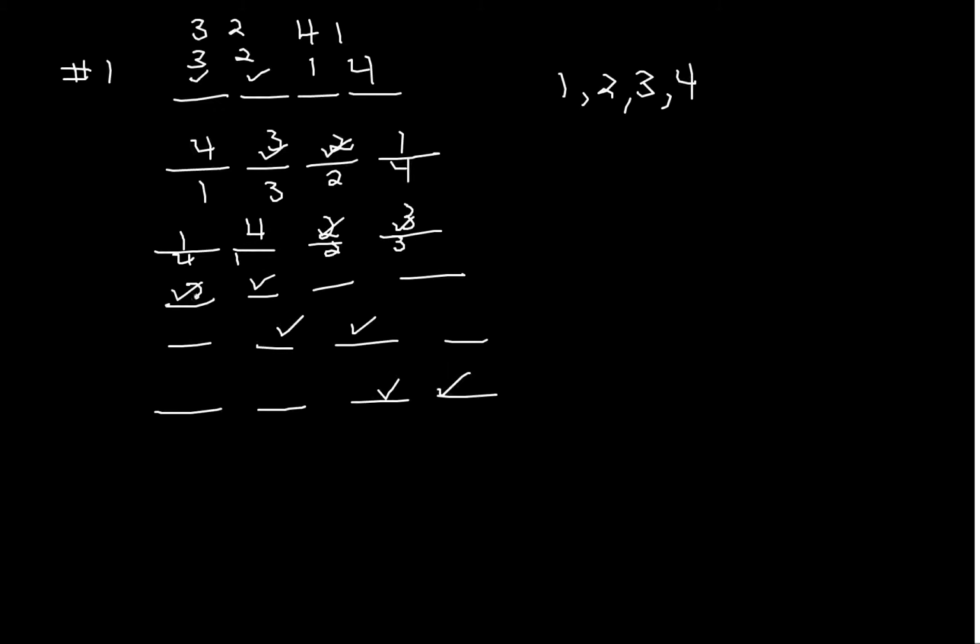And then we could have our 2, 3, 4, 1, and our 2, 3, 1, 4. So this one you just kind of have to list them all out. And this would be our 1, 3, 2, 4, or our 4, 3, 2, 1. And then we could have our 1, 4, 3, 2, and then our 4, 1, 3, 2. So it's 12 different ways.